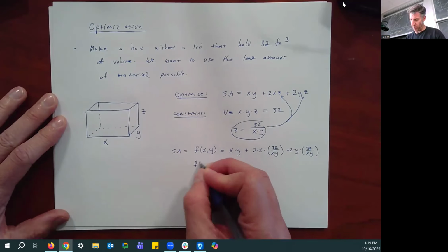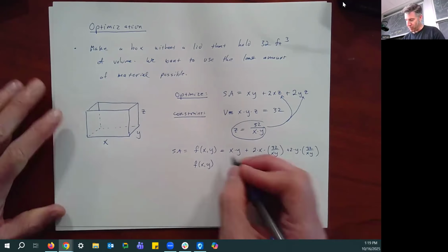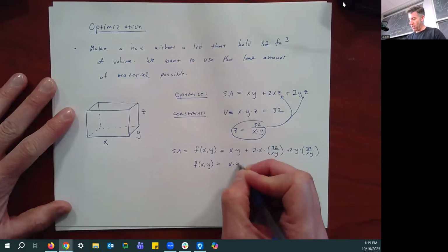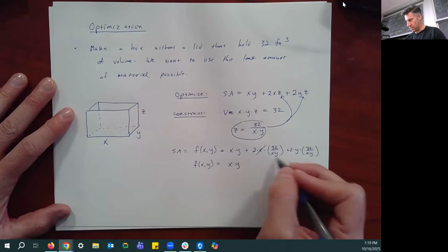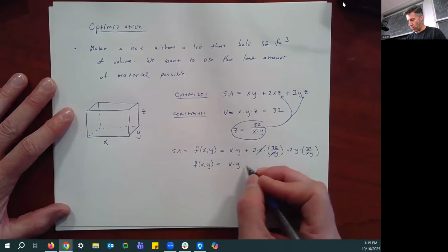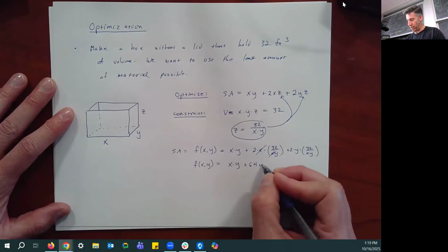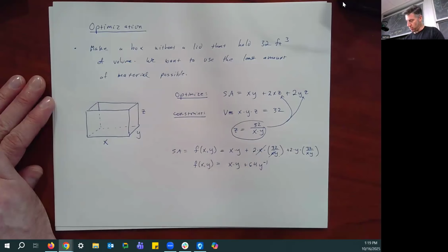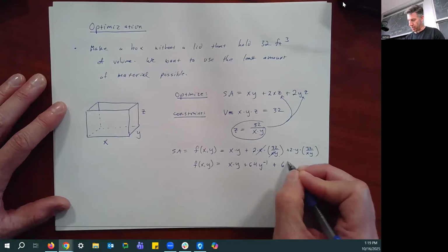We're going to say that f of x comma y is equal to x times y. The 2 times x times 32 over x times y, the x's cancel. 2 times 32 is 64. And dividing by y, I'd rather write multiplying by y to the negative 1. Similarly here, I get 64 times x to the negative 1.